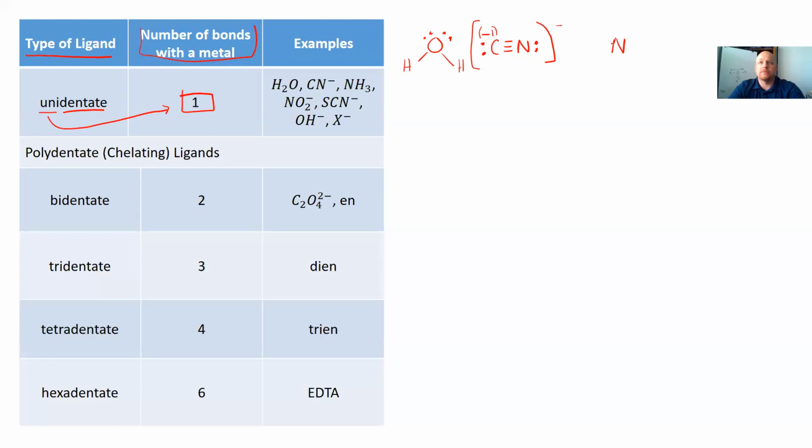Ammonia is another example. Ammonia has this lone pair of electrons, so the bond will form between the nitrogen and the metal ion. A nitro, or NO2 minus, can bind through either an oxygen or through the nitrogen.